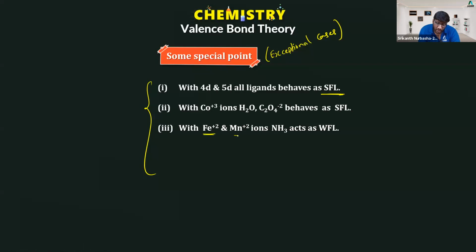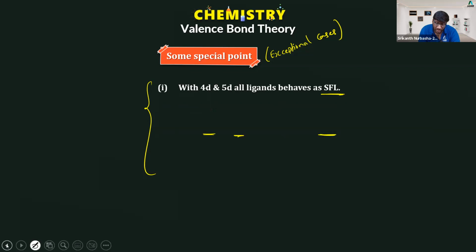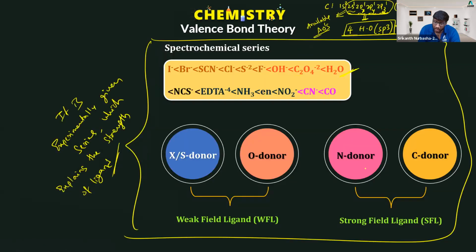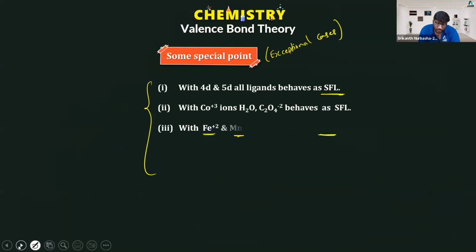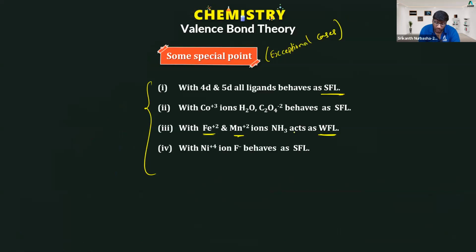With Fe plus 2 and Mn plus 2, NH3 acts as a weak field ligand. NH3 is a strong field ligand generally. Nitrogen donors or carbon donors are strong field ligands. Yes or no? NH3 is a strong field ligand. But with Fe plus 2 and Mn plus 2, NH3 acts as a weak field ligand.